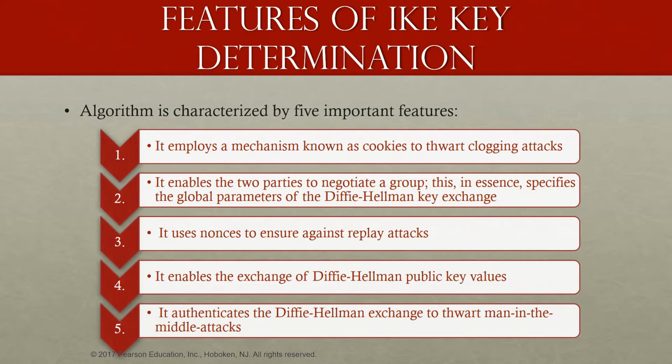This, in essence, specifies the global parameters of the Diffie-Hellman key exchange. 3. It uses nonces to ensure against replay attacks. 4. It enables the exchange of Diffie-Hellman public key values. 5. It authenticates the Diffie-Hellman exchange to thwart man-in-the-middle attacks.